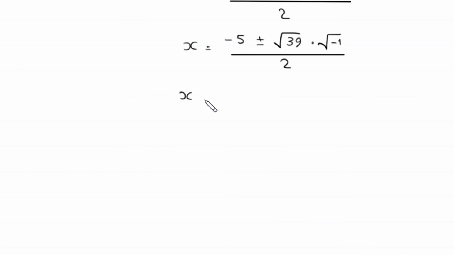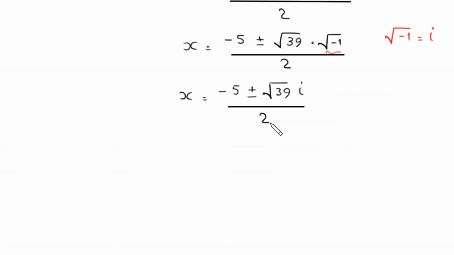Next x is equal to negative 5 plus minus square root of 39, this square root of negative 1 is equal to i. So we replace this square root of negative 1 with i, divided by 2.